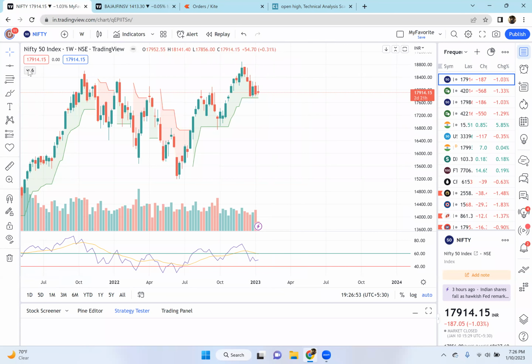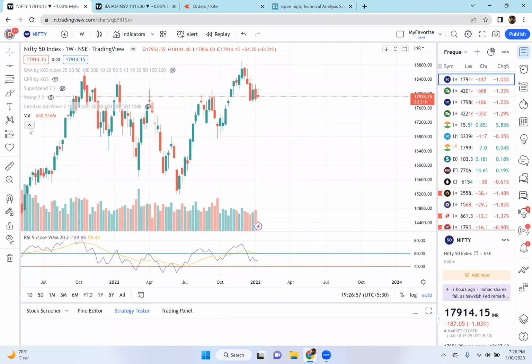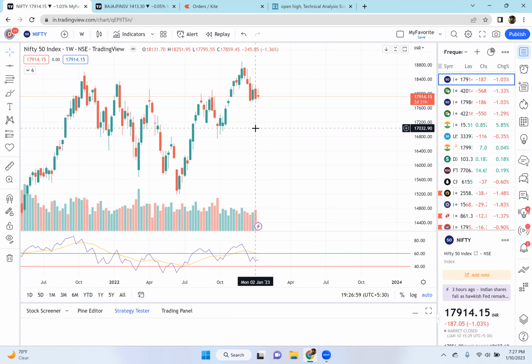Let me remove the super trend indicator. The week ending 2nd January: high was 18,251.95, low was 17,795.55. Let me go back.